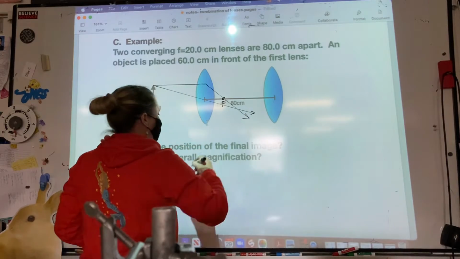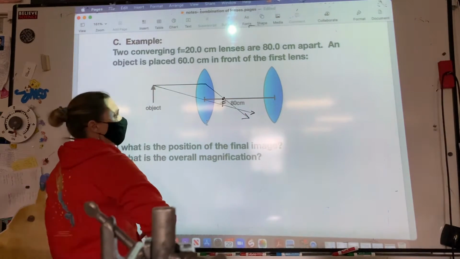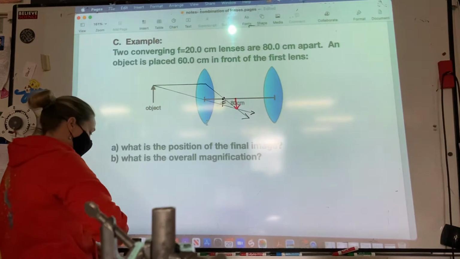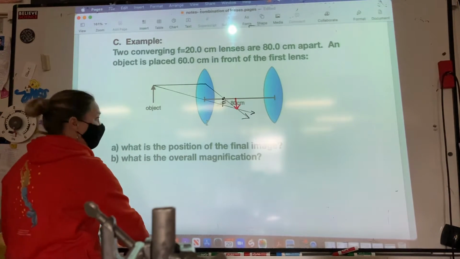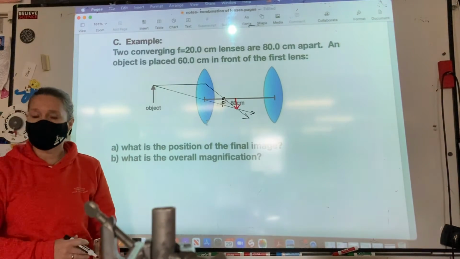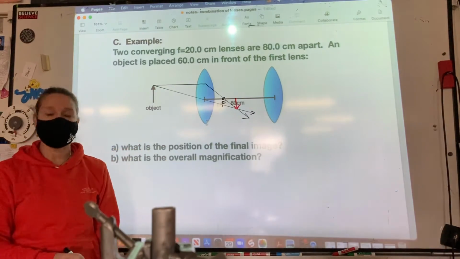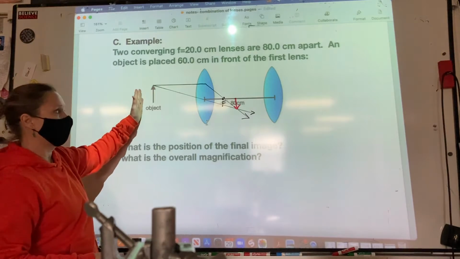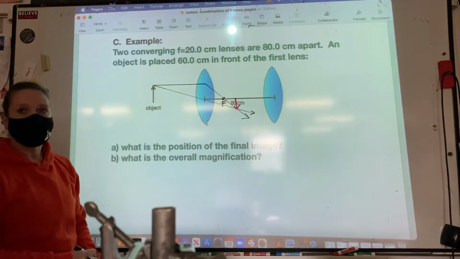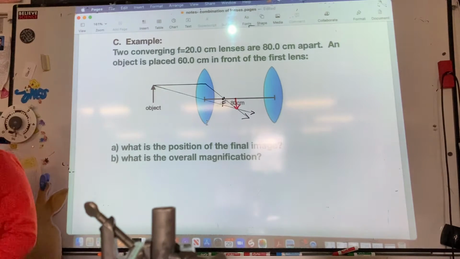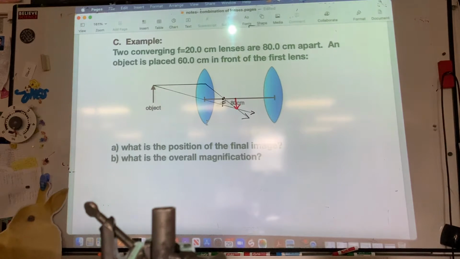If we have light going through a converging lens, do you see it's going to turn out upside down like this, if the object is farther out? So we have this image that's upside down.